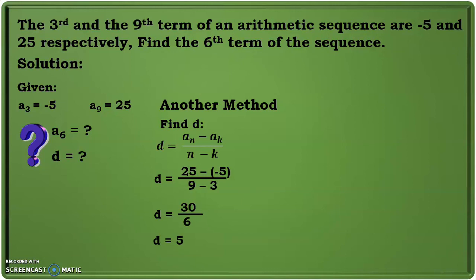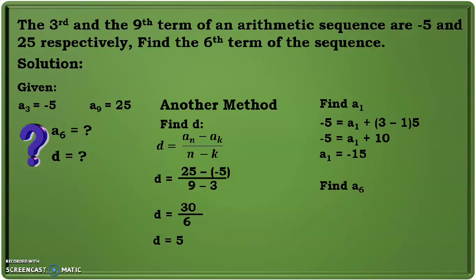So to find the sixth term, find first the first term. So plug in negative 5 is equal to a sub 1 plus 3 minus 1 times 5. So we are now looking for the first term. Then negative 5 equals a sub 1 plus 10. Then a sub 1 is equal to negative 15.